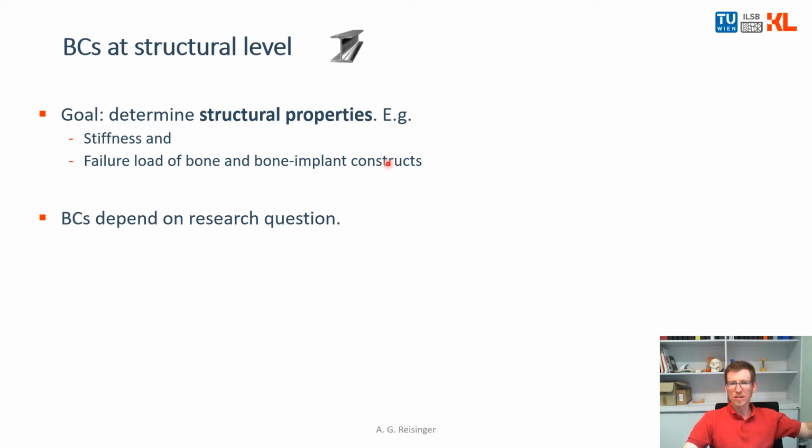Not Young's modulus anymore, not yield stress or ultimate stress. So nothing with stress, nothing with strain anymore. We are now in the force and displacement regime. And these are the usual properties we would like to determine: stiffness and failure load, or yield load. And these depend on the research question.